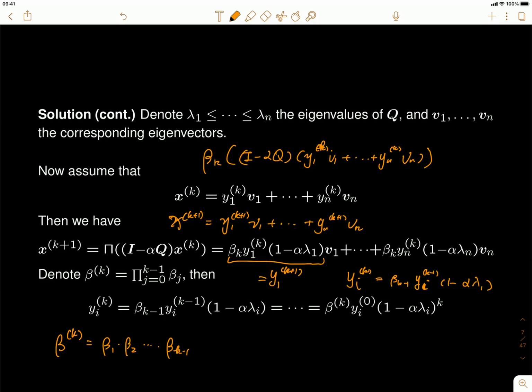So if I keep doing that, it will be equal to beta k minus 1, beta k minus 2, all the way to beta 1 times yi0 times 1 minus alpha lambda i to the power k. And then this, by notation, we know this is just a beta superscript k. Okay, so that's why we end up with that. So that shows the relation between the yk and the y0. For each component, it should be like that.